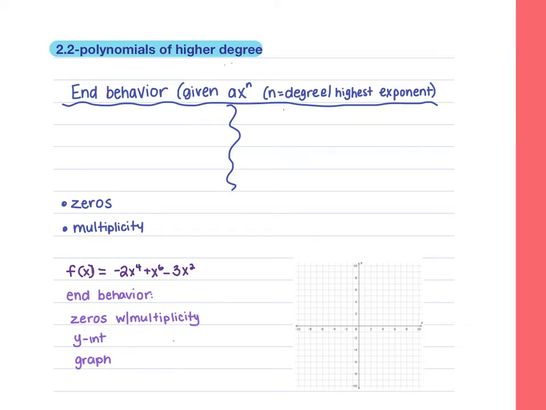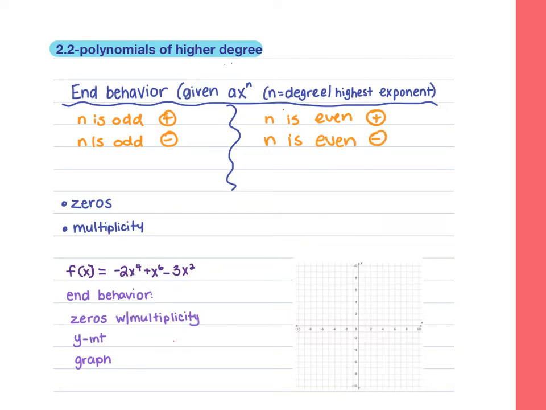If n is odd and the coefficient is positive, or n is odd and the coefficient is negative; and if n is even and the coefficient is positive, or n is even and the coefficient is negative.